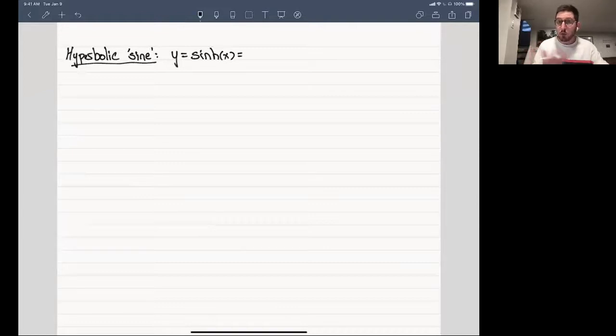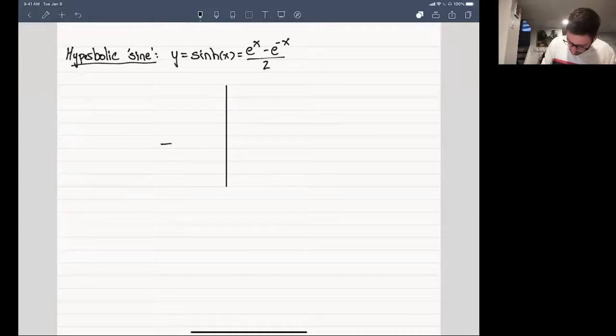And this is a more formal definition than just writing sinh of x. In fact, this is determined entirely in terms of exponential functions. So sinh of x is really just a shorthand for 1/2 of e to the x minus e to the minus x. So let's think about what this thing looks like.